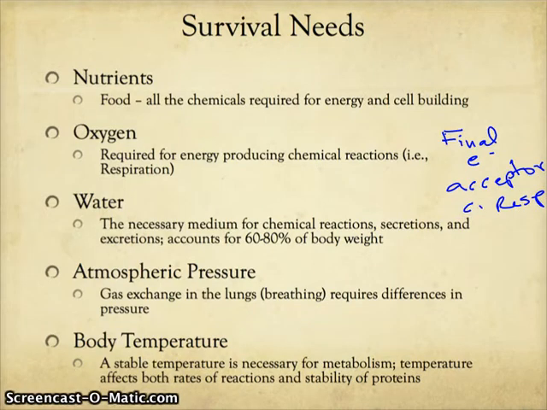Then we talk water. Again, as you can read, primary medium for most of the reactions, different things like that. Notice how much of our body weight is comprised of water. Now, water and the amount of water we have here is going to tie back in to the last point, which is body temperature. In other words, remember those properties of water from biology. Okay, it has that high surface tension, capillary action, different things like that.